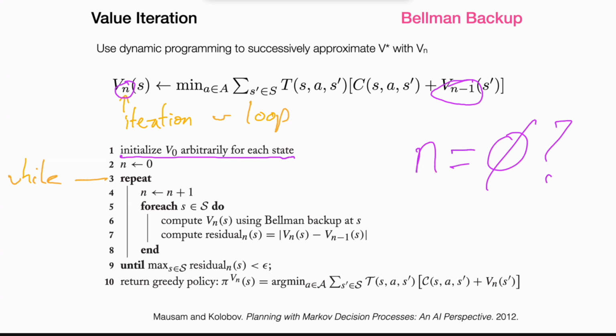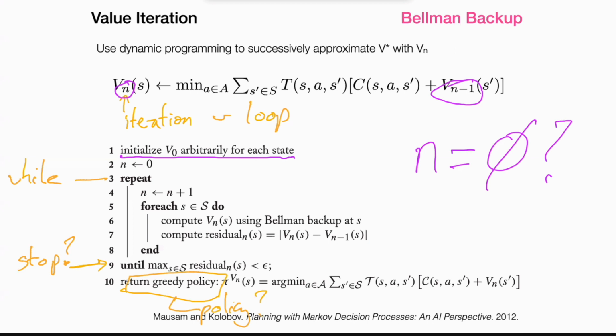So we need to start with a guess, and then we can improve that guess as we go. And at the end, we need two extra things that we'll look at. We need a stopping condition. So when do we stop doing this? And then how do we compute a policy? And we'll look at each of these.